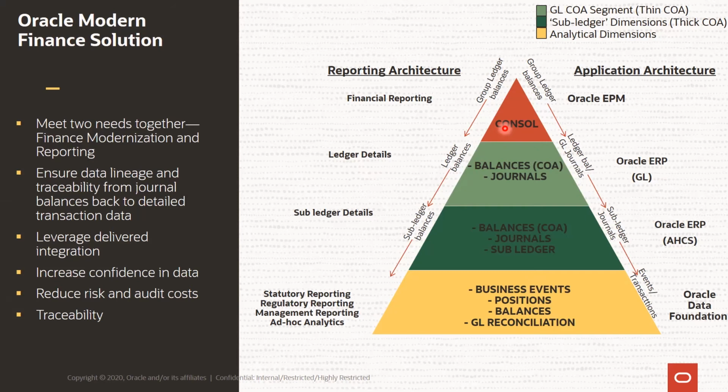What this also ensures is a complete data lineage from top of the house GL balances all the way back to the granular transaction level details. Now, this data layer is pre-integrated with ERP, which means it provides increased confidence in terms of data, plus it mitigates all the risks and reduces audit costs with complete transparency and traceability.